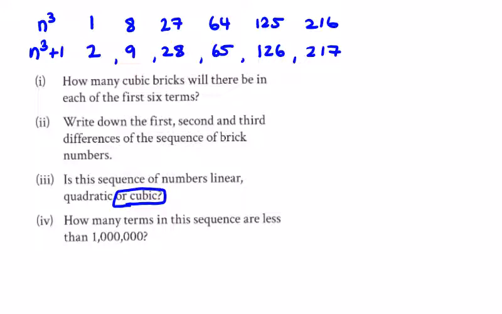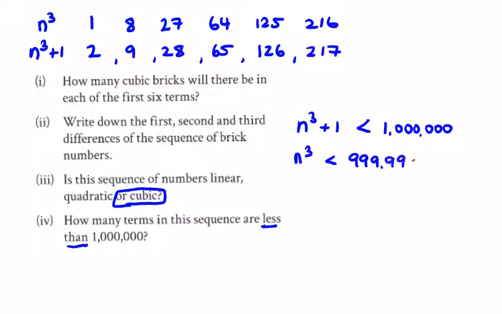And then they're bringing in a less than here. How many of them are less than a million? Well, n cubed plus 1 has to be less than a million. So n cubed will have to be less than 999,999. So n will have to be less than the cube root of 999,999.